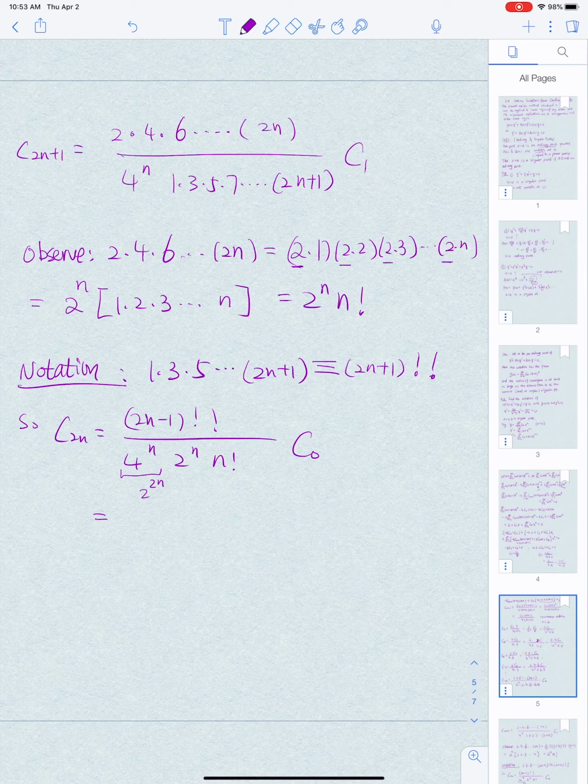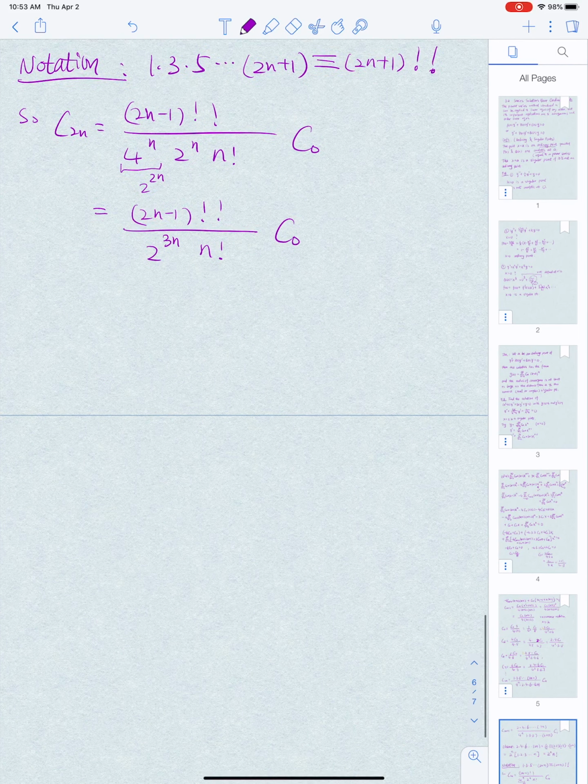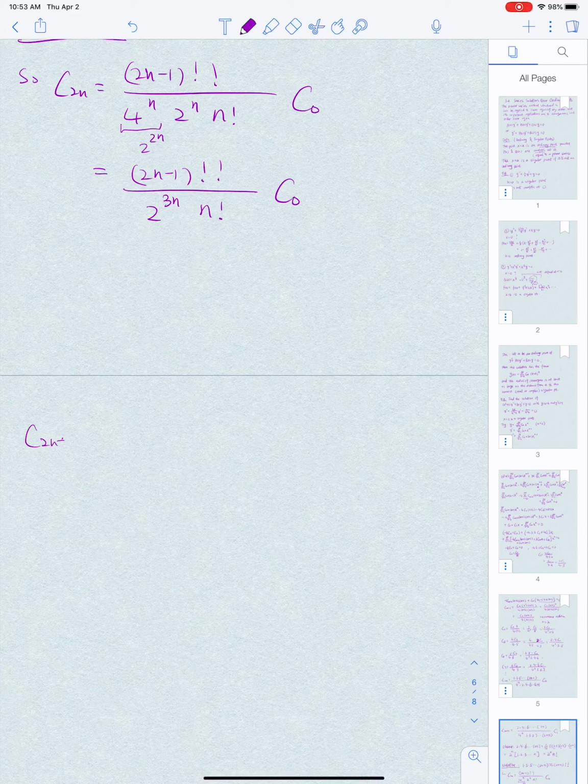And 2 and 2 have the same base, so we can add the exponents to be 3n. And then we can rewrite all the odd index. And again, simplify. Because in here, this is 2 to the 2n.